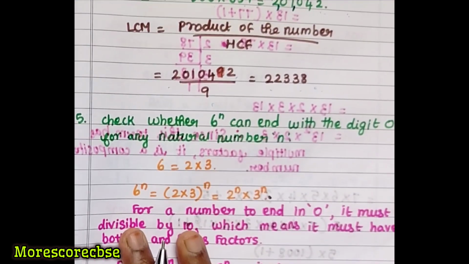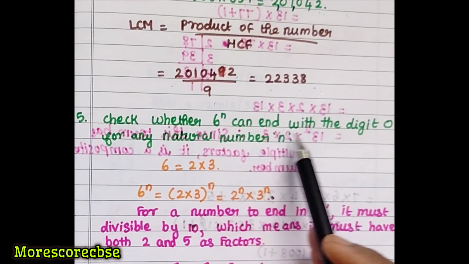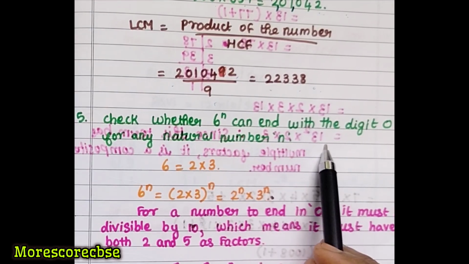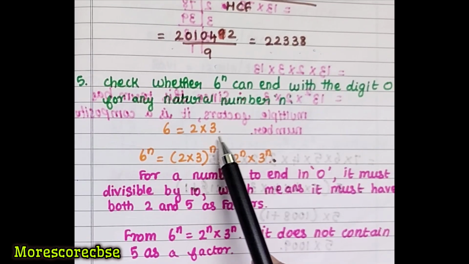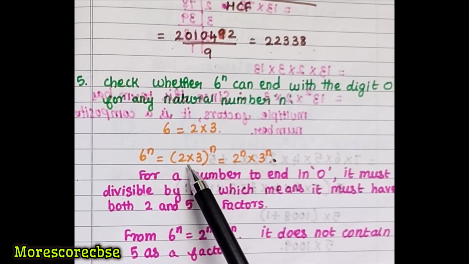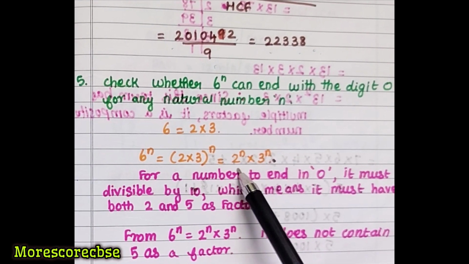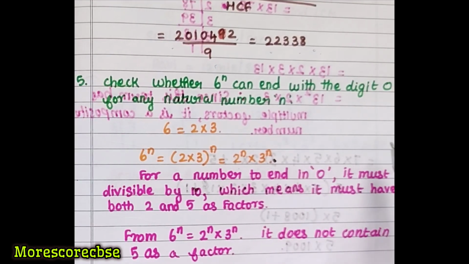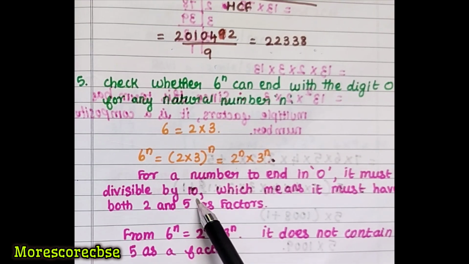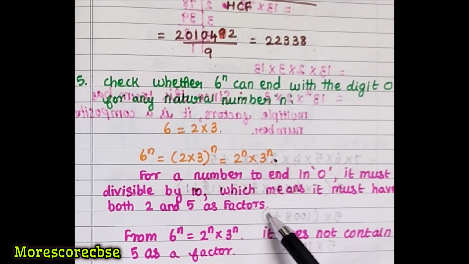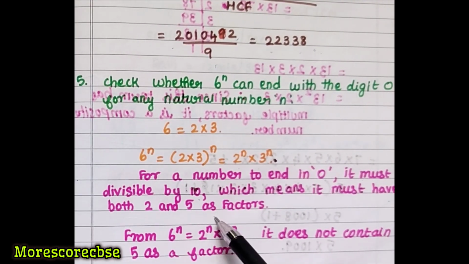Next, fifth sum: check whether 6 power n can end with the digit 0 for any natural number n. So we know the factors of 6 are 2 and 3. So 6 to the power n will be 2 into 3 to the power n, that is 2 to the power of n and 3 to the power of n. For any number to end with 0, it must be divisible by 10 or by 5, which means that it must have both 2 and 5 as factors.